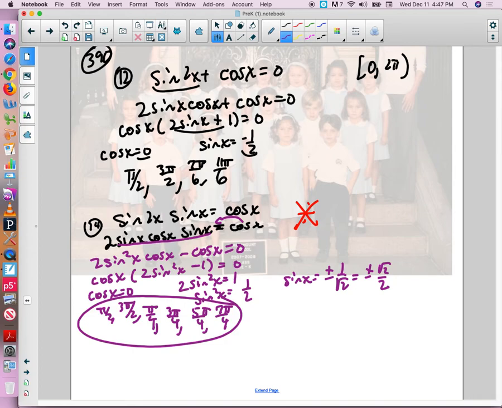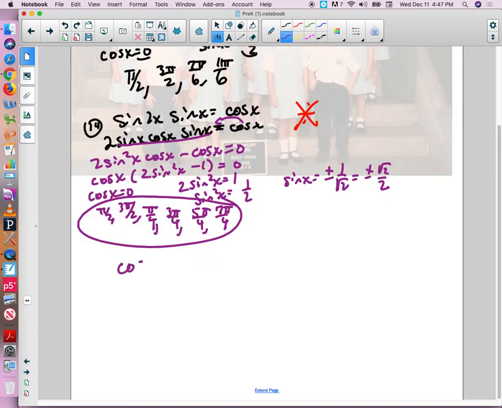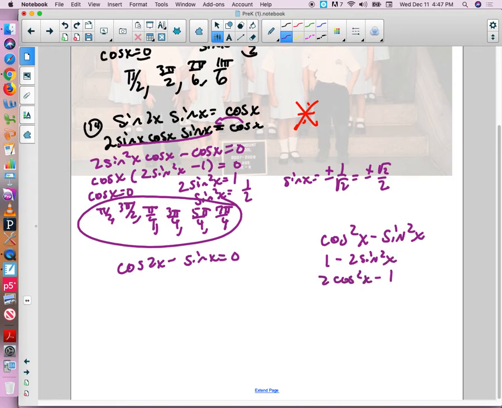Let's do a cosine 2x one. Just as an example, if I have cosine 2x minus sine x equals 0, I have 3 choices for cosine 2x. I'm going to choose this one because of this word right here.